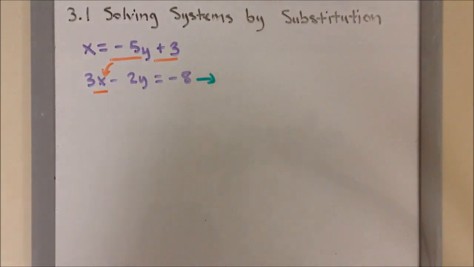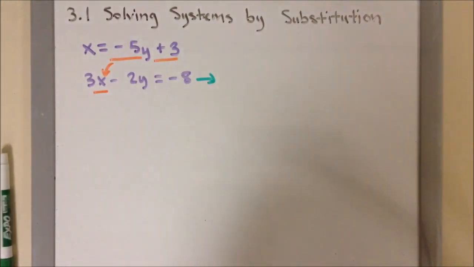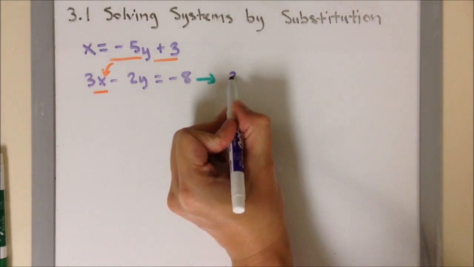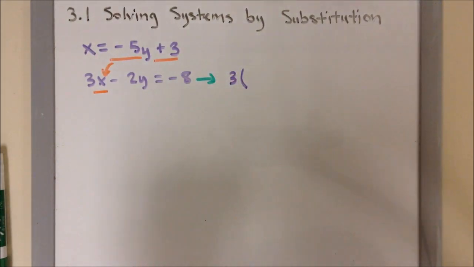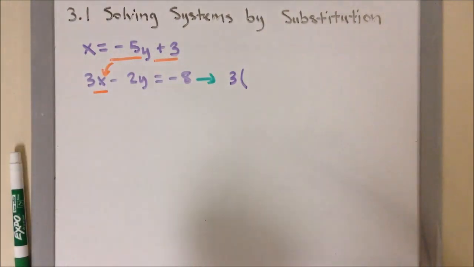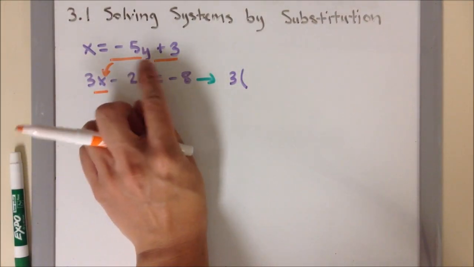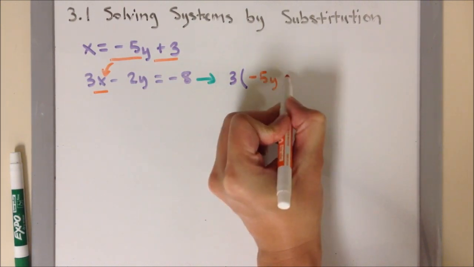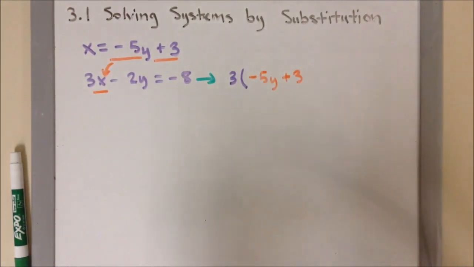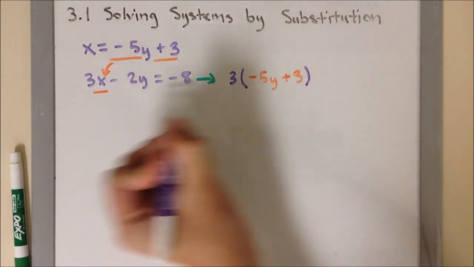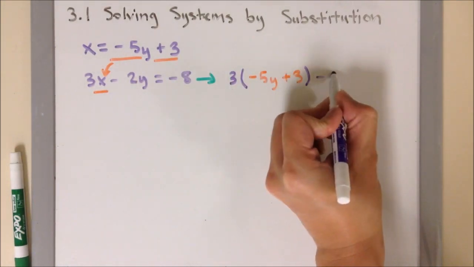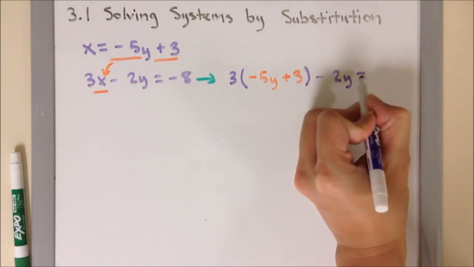If I were to do substitution, this is how it's going to look. I'm substituting x with negative 5y plus 3 in parentheses, and I'm going to continue with the rest of the second equation, minus 2y equals negative 8.